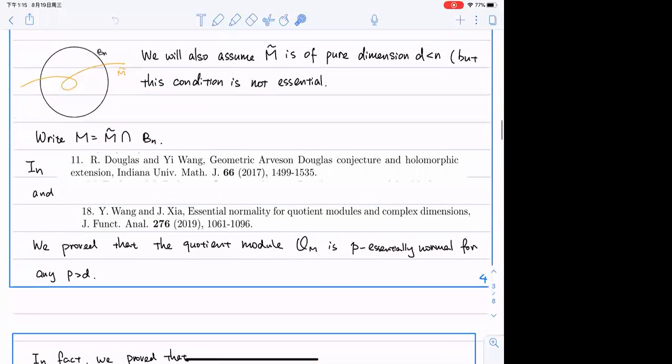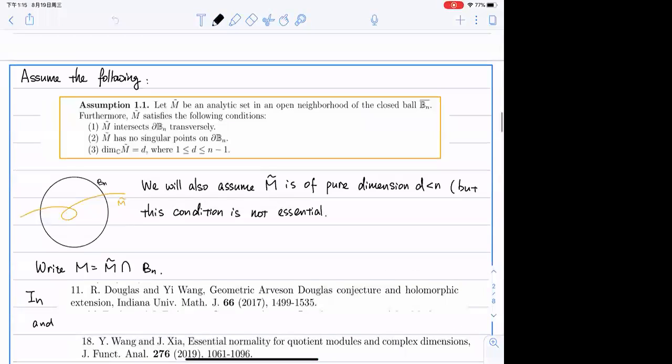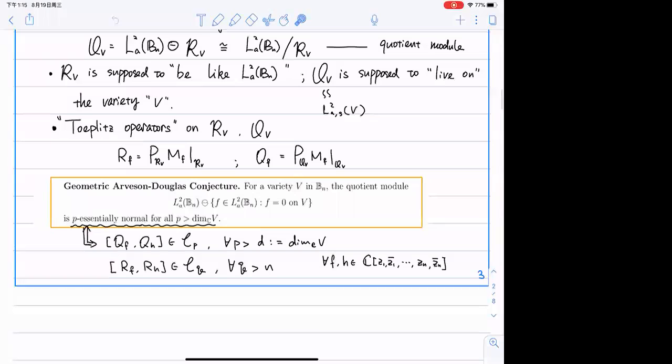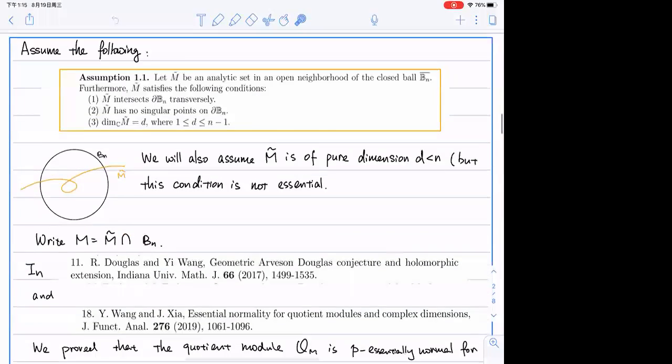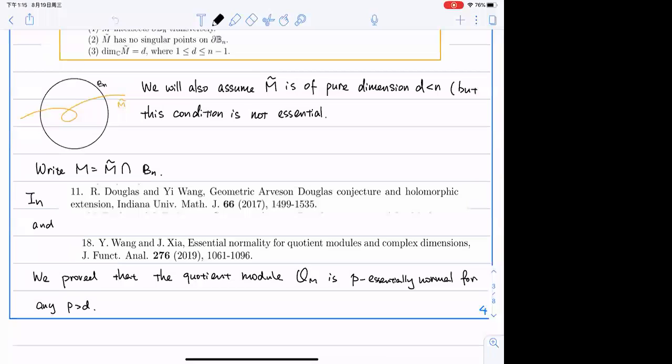Then similarly, you can define the R_M space, the space of functions vanishing on M, and the Q_M space, the orthogonal complement. You can also define Toeplitz operators on the submodule and on the quotient module.